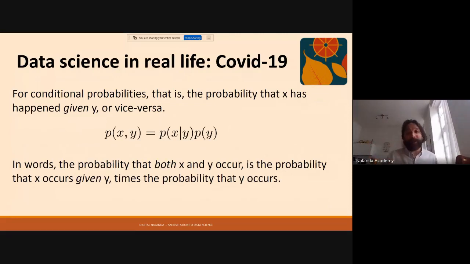Obviously, if any batsman is having an average over 50, then the team is probably doing well. So they're not necessarily independent probabilities.